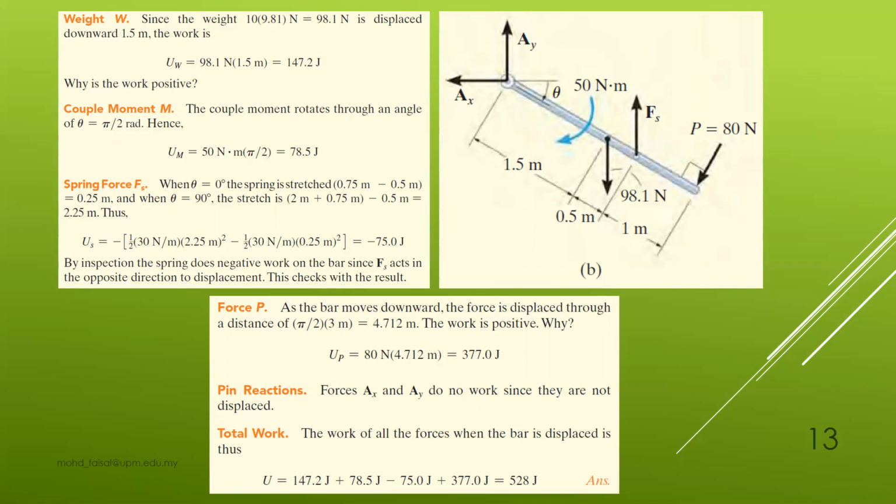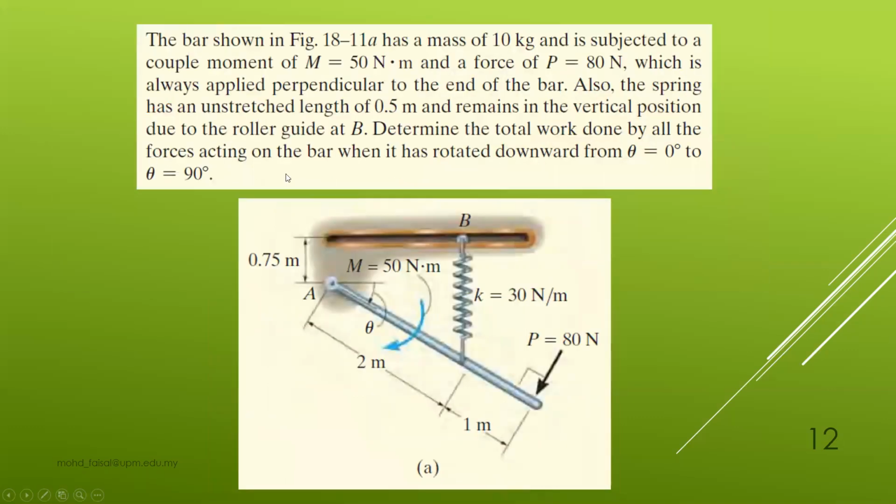How about pi? Pi is equal to 180 degrees. Then pi over 2 is equal to 90 degrees, because we are looking from theta equal to 0 to theta equal to 90 degrees. So 90 degrees is equal to pi over 2.